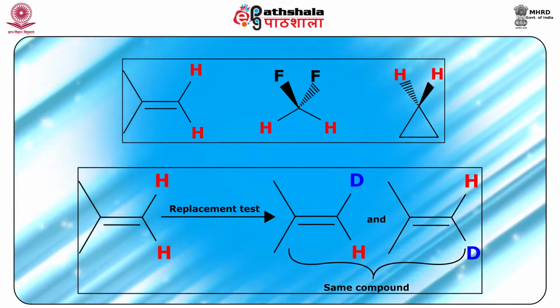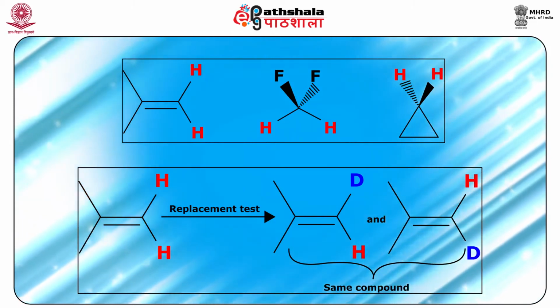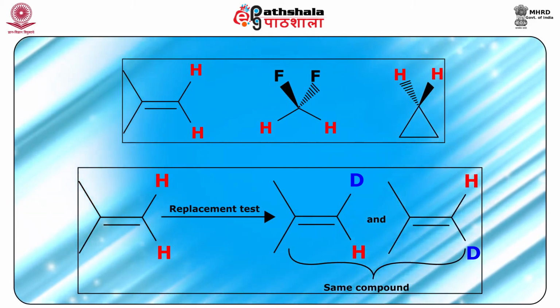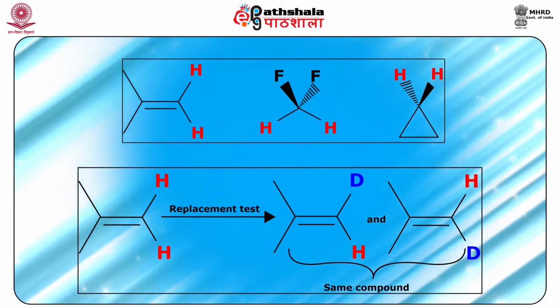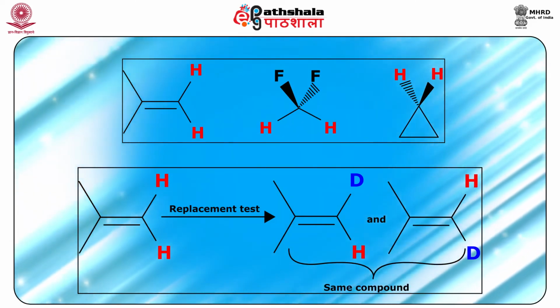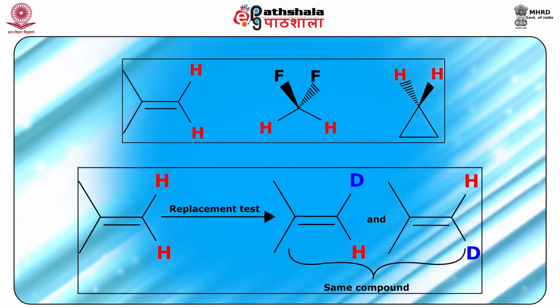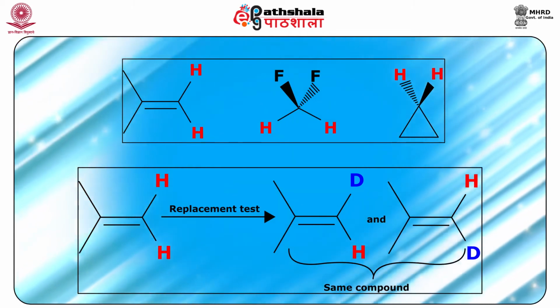In each of the following examples, the two protons shown in red color, as you can see in the figure, are homotopic because as you draw the two structures by replacing each one of these protons with deuterium, both these structures represent the same compound. That means these protons are homotopic in nature. This can be easily seen in the figure. You obtain the same compound after replacement with deuterium.